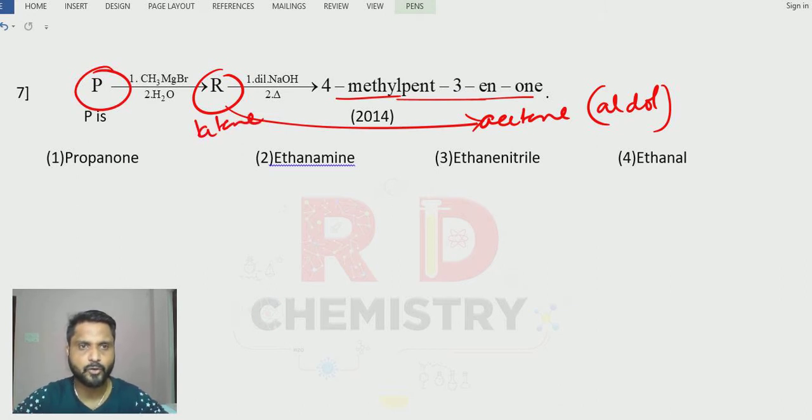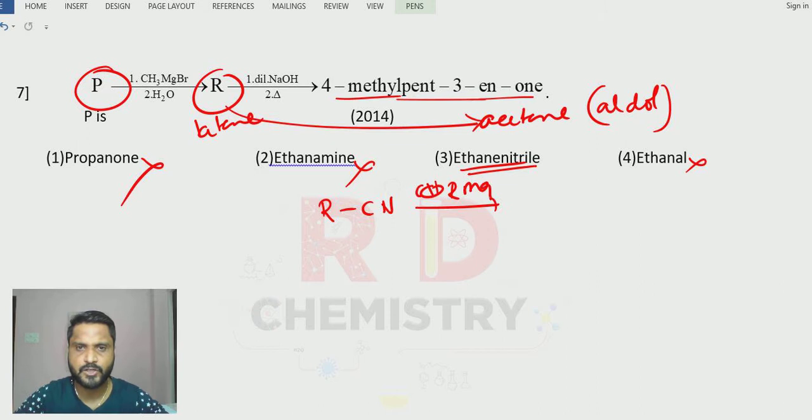I have to get a ketone here. To get a ketone, propanol is not possible, ethanamine is not possible, ethanol is not possible, so you have to go for ethane nitrile. A nitrile, cyanide compound, on treatment with the Grignard reagent RMgX followed by hydrolysis, gives rise to RCOR.